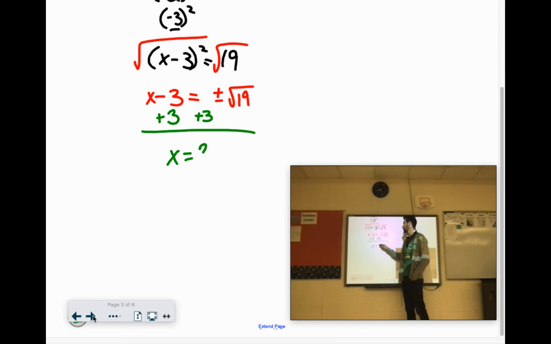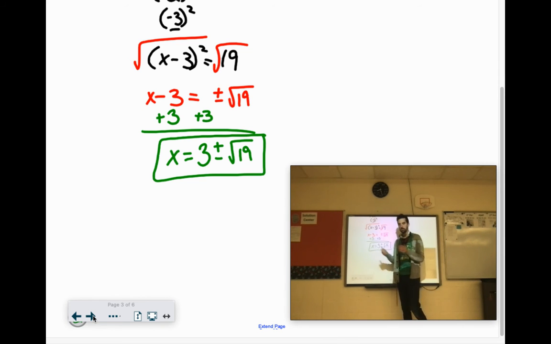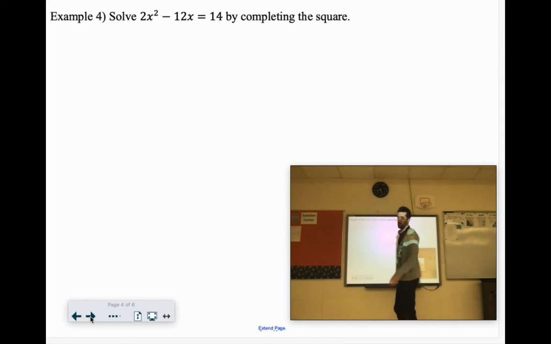X equals 3 plus or minus root 19. Nothing else we can do there, unless you wanted to list 3 plus root 19 and 3 minus root 19, that works, but you can't combine regular numbers with radicals with addition or subtraction. We got 2 more. This is almost getting fun.